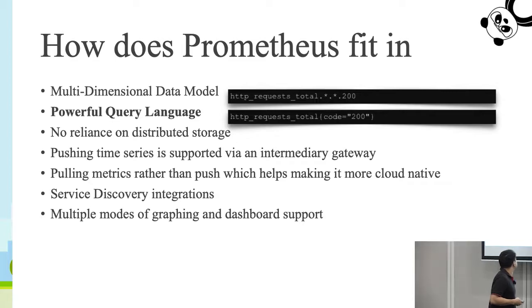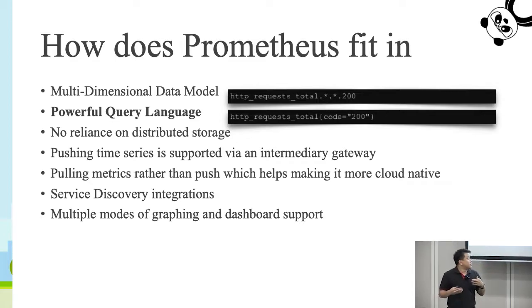Then, pushing time series is supported with an intermediary gateway. In the world of metrics, there are only two ways you can grab: push or pull. Prometheus itself is a pull model. There's a whole lot of articles debating which is the better design. Even the designer himself, Julius, wrote an article regarding why pull is better.